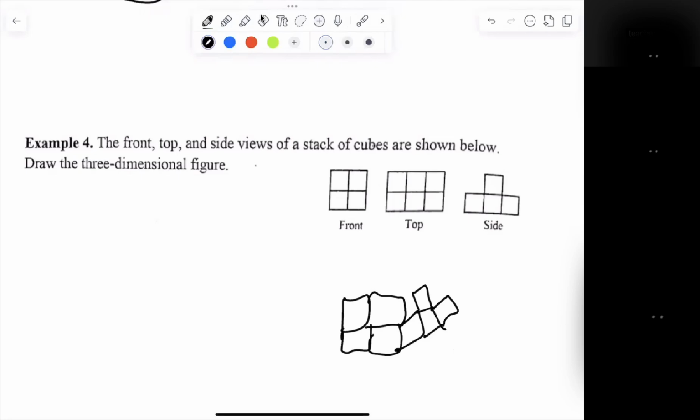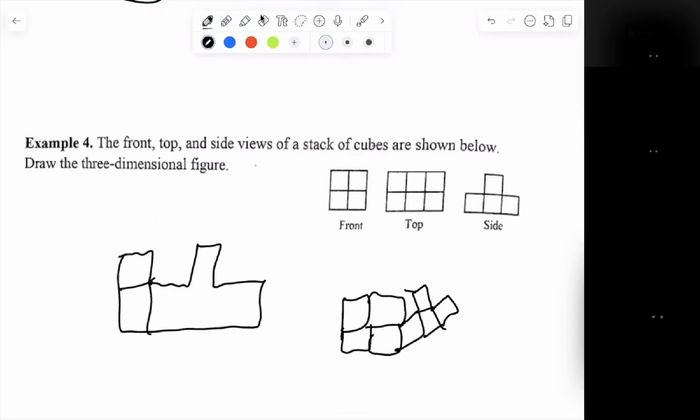Then we can see why that's true. From here we can just notice that it has to be some sort of this shape.